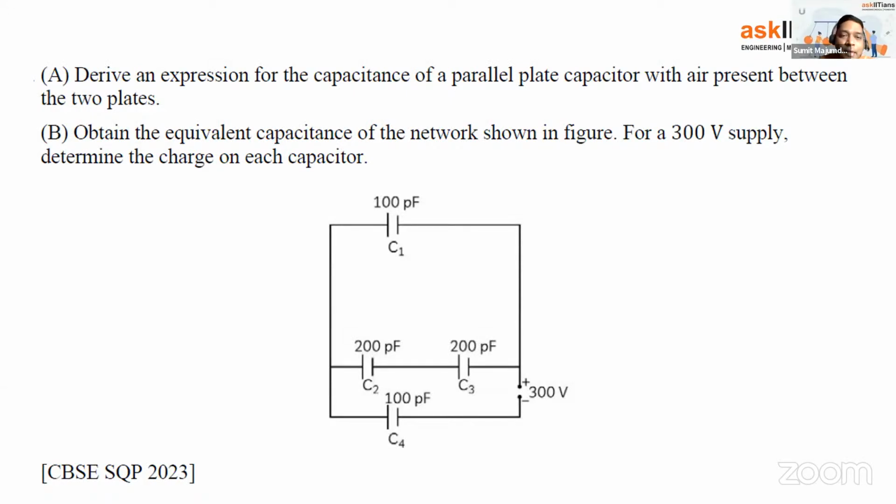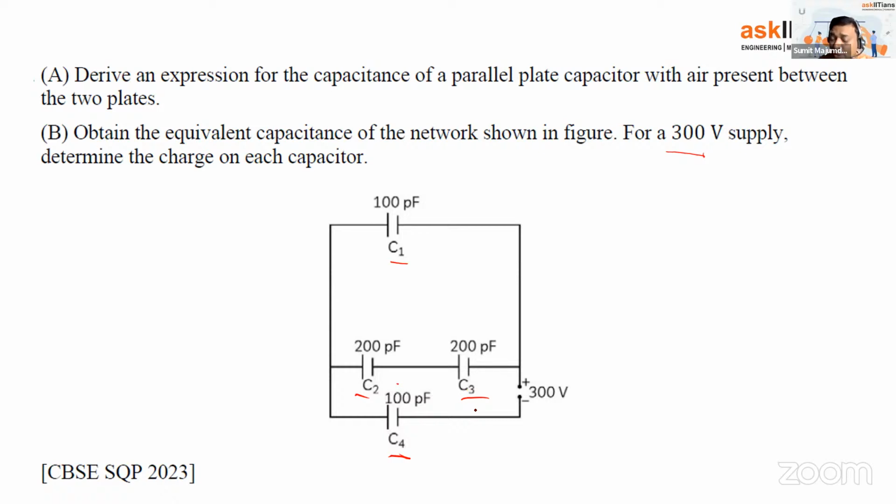Now it says obtain the equivalent capacitance of the network shown, for a 300-volt supply. Now the first thing that we'll observe and say is that, okay, this C4 is in parallel with these two, and these two obviously are in parallel with this.